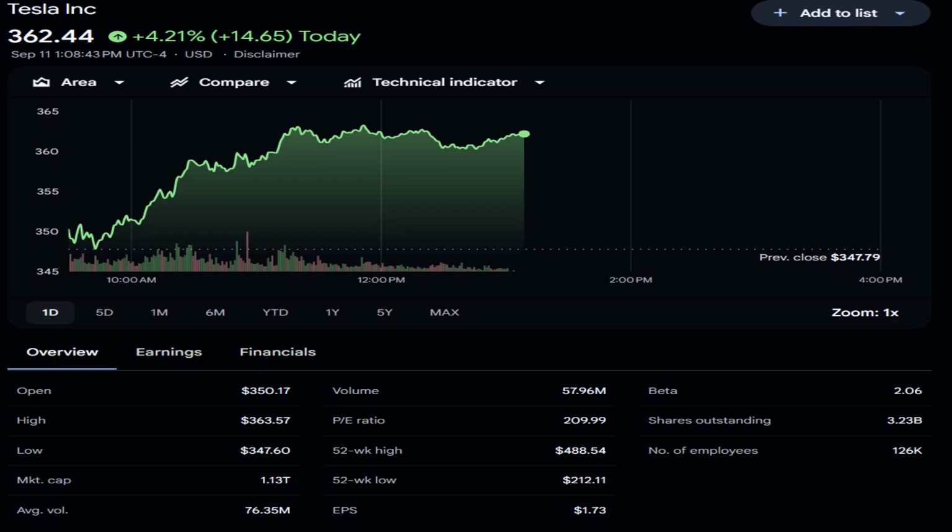But again, I'm interested in the beta. And the beta is 2.06, okay, which means it moves considerably. It's more volatile than Microsoft by a factor of 200%.